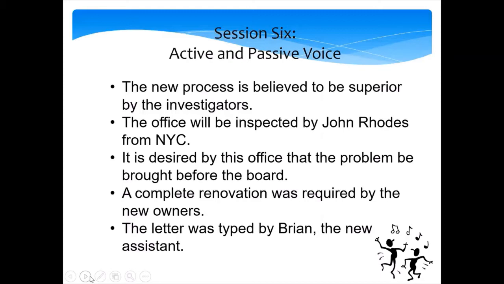First is, the new process is believed to be superior by the investigators.